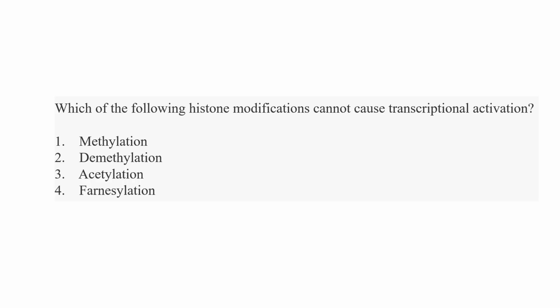The options are: first methylation, demethylation, acetylation, or farnesylation. These are the four options. You have to tell which of these histone modifications cannot cause transcriptional activation. You have 2 minutes to answer the question.